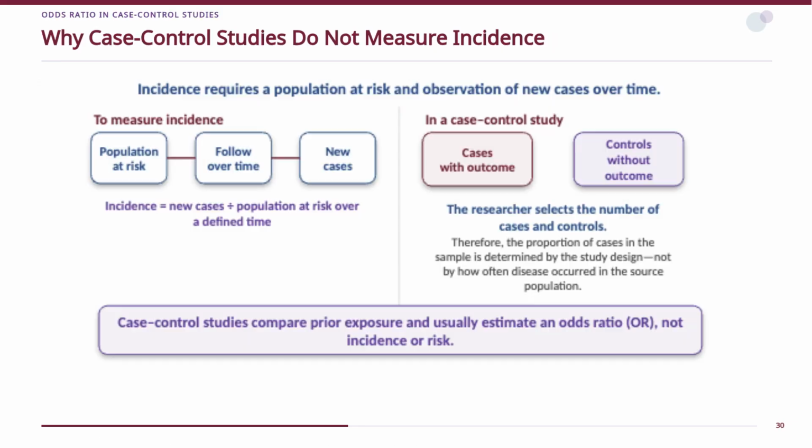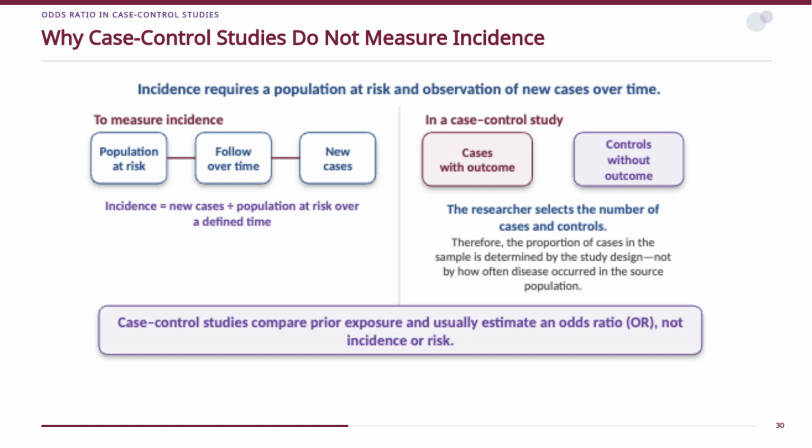Case-control studies do not directly measure incidence because participants are selected according to their outcome status. To calculate incidence, we need to begin with a defined population at risk, follow that population over a specified period, and count the new cases that occur.